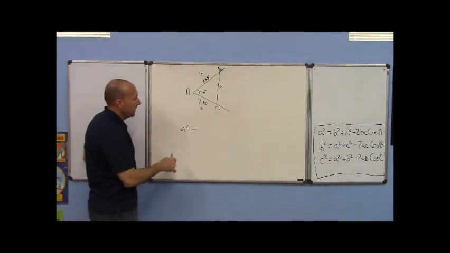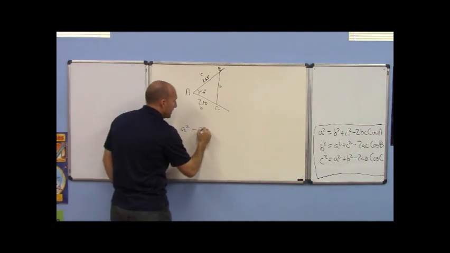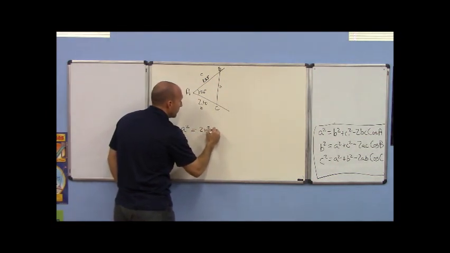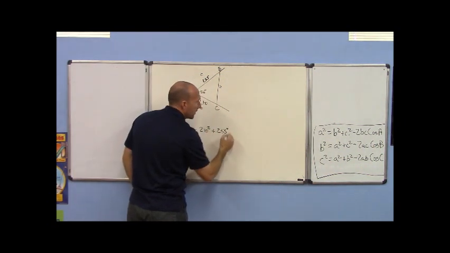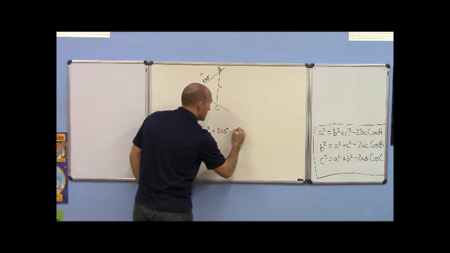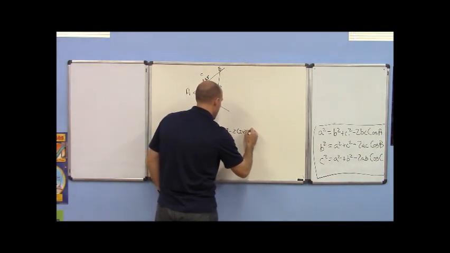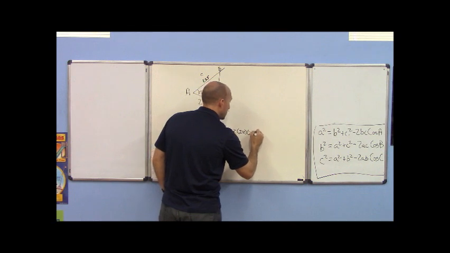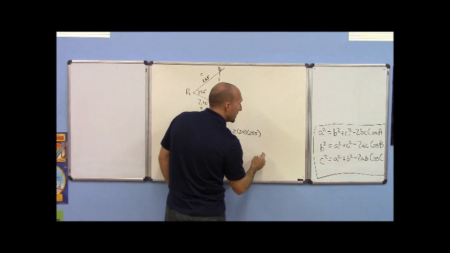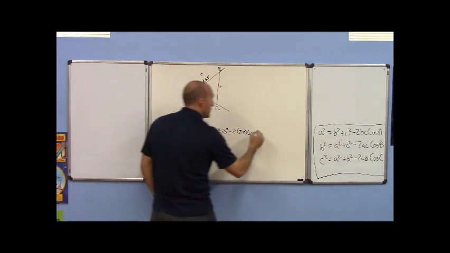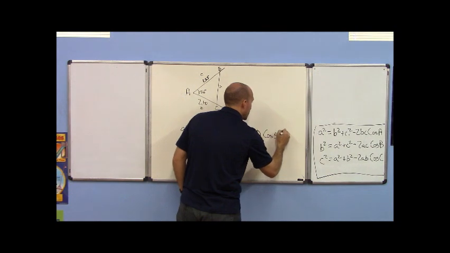So we will have 210 squared plus 255 squared minus 2 times 210 times 255 times the cosine of 56 degrees.